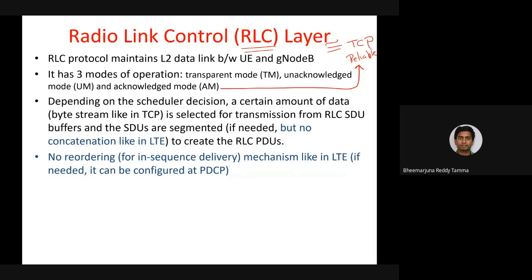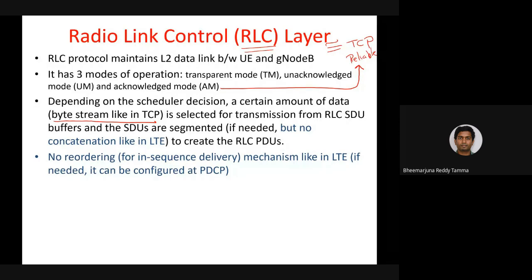The MAC layer, depending on the scheduling decision, on how much of the radio resources each QoS flow should be given, does something similar to TCP. TCP also, depending on the current congestion window size, decides from its outgoing TCP buffer the number of bytes that it wants to send, adds the TCP header to that, and sends it over the network.